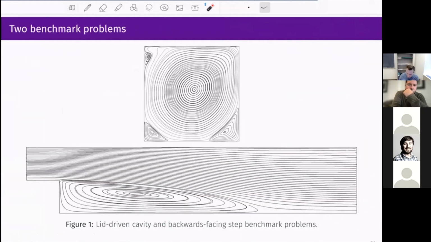And so there are two standard benchmark problems. There's a lid-driven cavity, where you have a 0 velocity on these 3 walls and then a horizontal velocity at the top here, and that results in the liquid kind of doing this. And then the other benchmark problem is this backwards facing step. We have 0 velocity here, we have an outflow here, and we have a prescribed inflow velocity profile here.